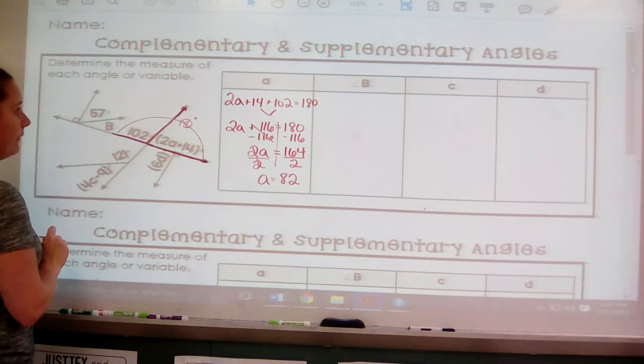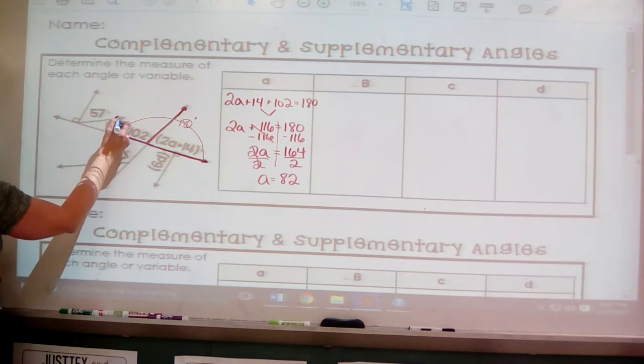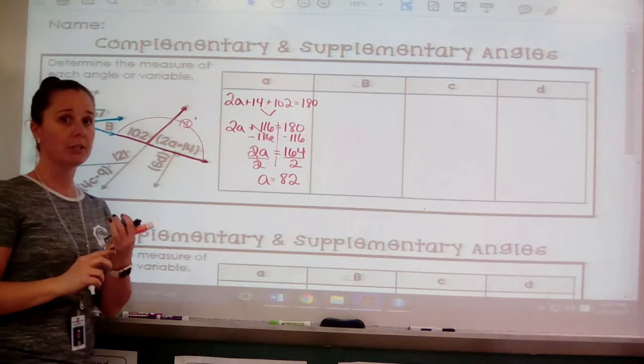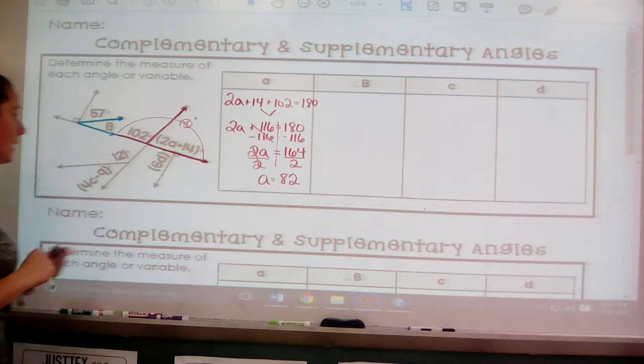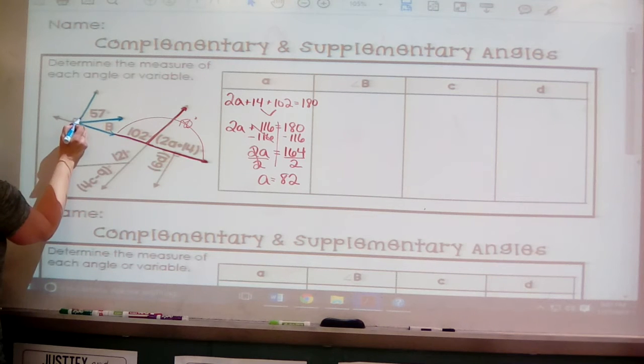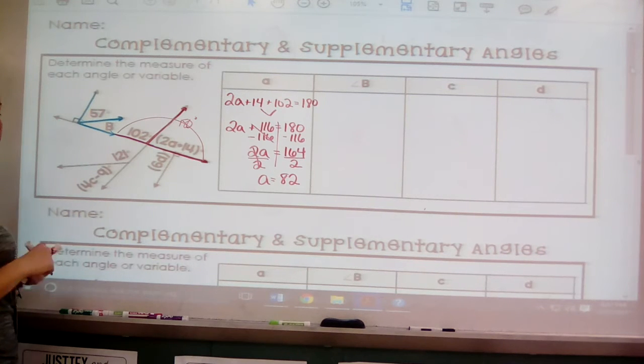The next one I'm needing to find is B. I'm going to highlight angle B, and I'm looking for any angles around it that would have a complementary or a supplementary relationship with B. I see that if this here is a right angle, that means B and 57 must be complementary.